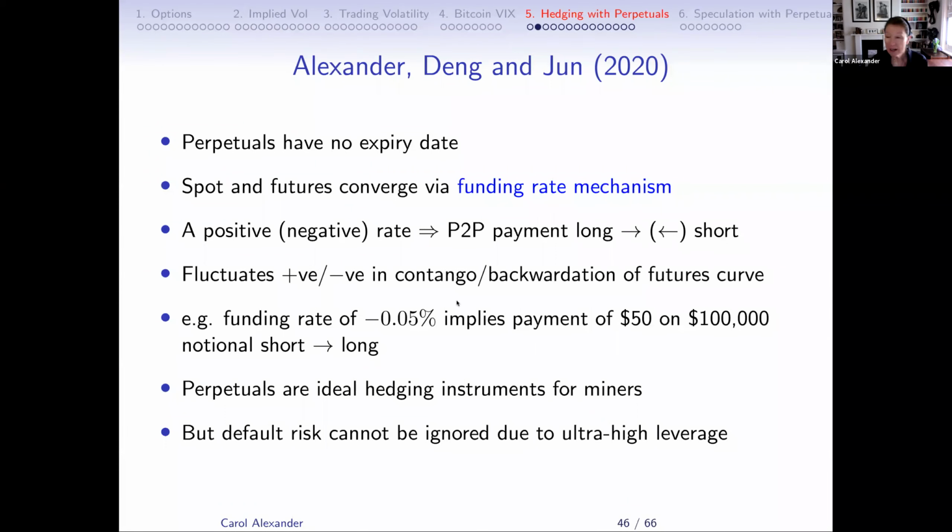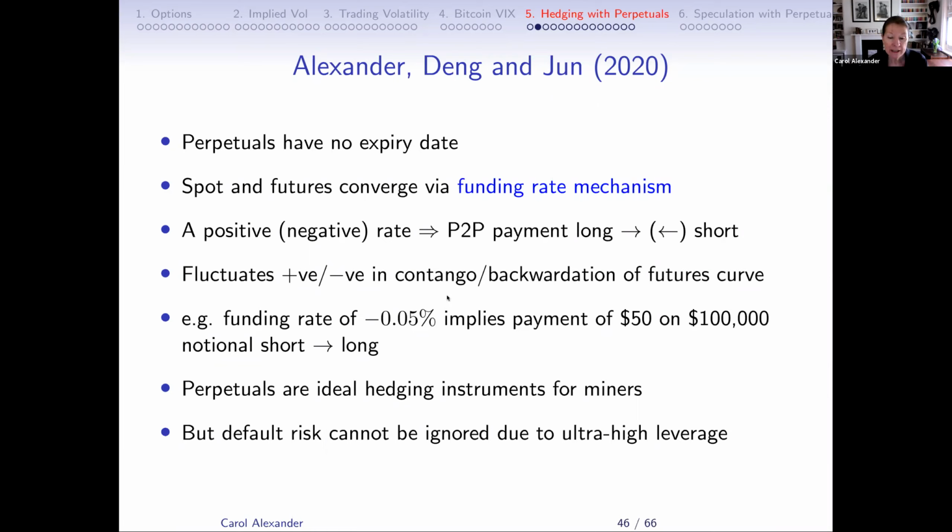So they're an ideal hedging instrument for Bitcoin miners. And what do Bitcoin miners do when the price is going up like this? They're not going to convert them to dollars. They're going to hold them, but they may want to hedge against any fall in price as well, rather than speculate on their own income.